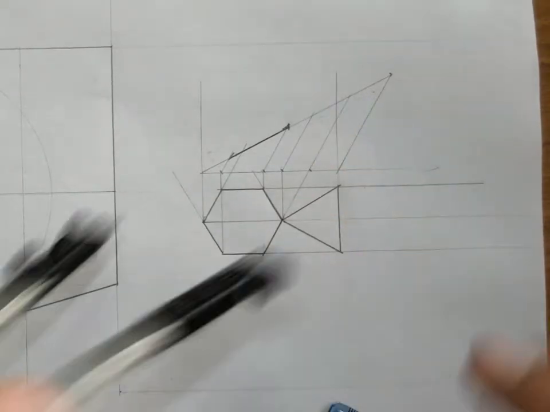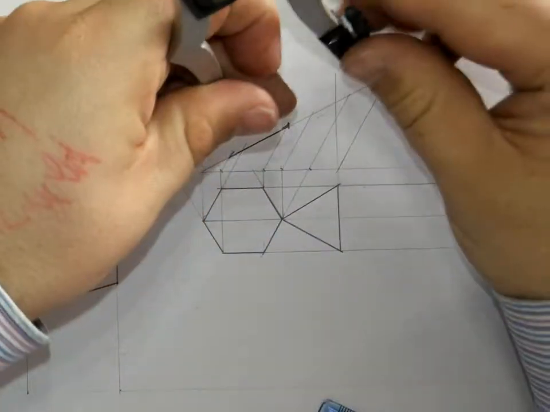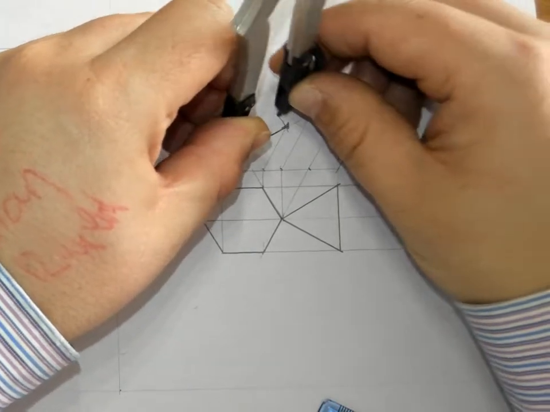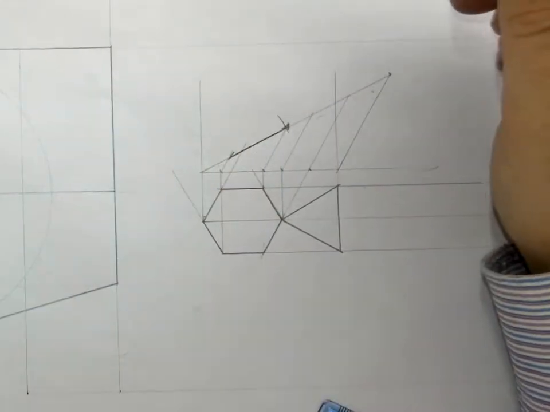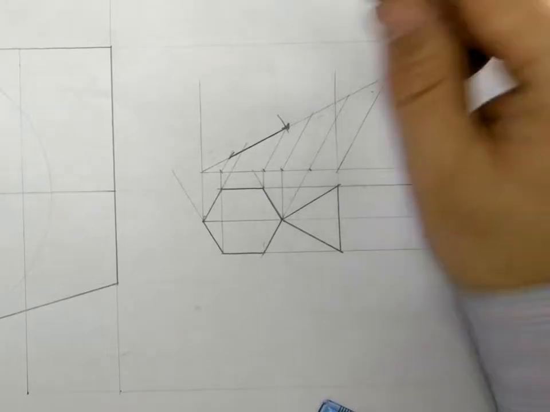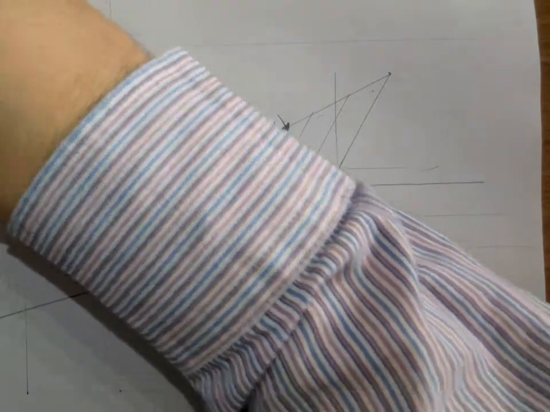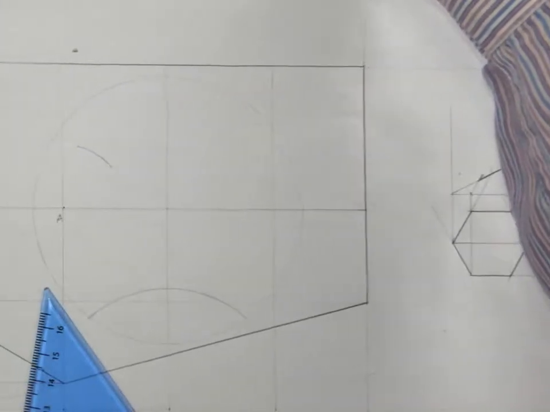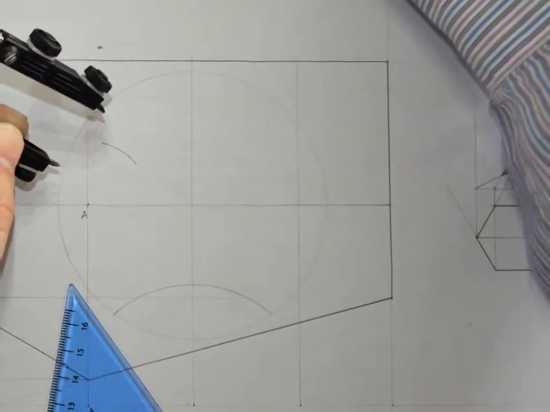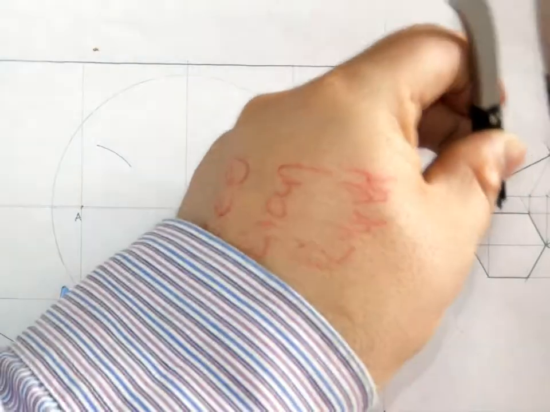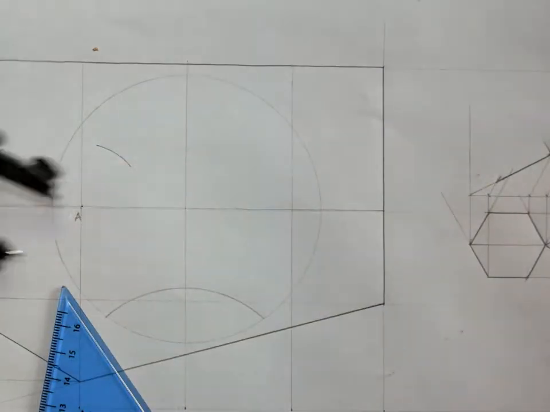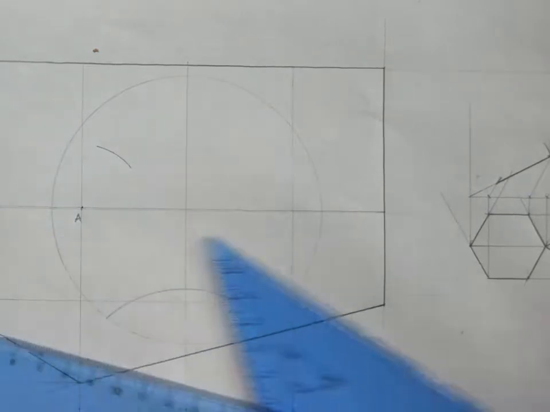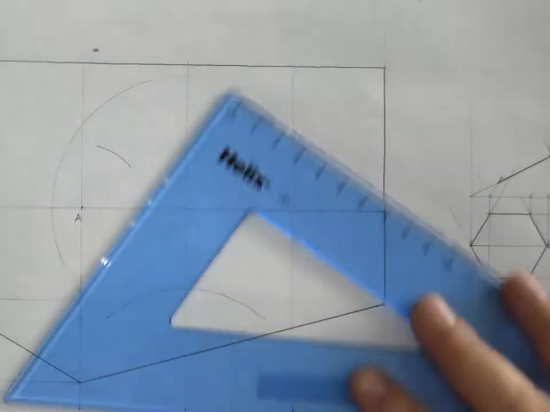So I'm going to take this size here. Now you won't understand how that works in just one go, because we haven't done enlargements and reductions yet anyway. So I'm going to take that distance there. I took that distance from over here, put it over here from A, and swung an arc, 60 degrees.